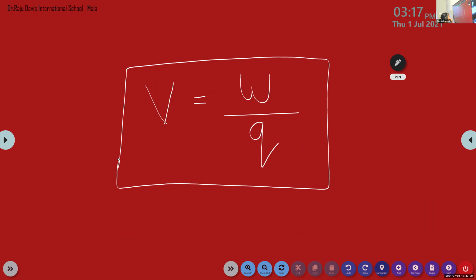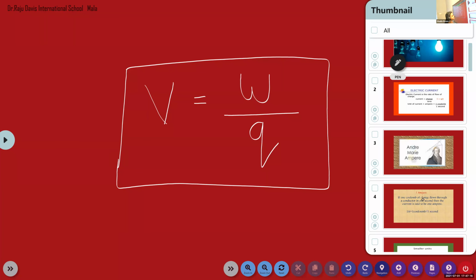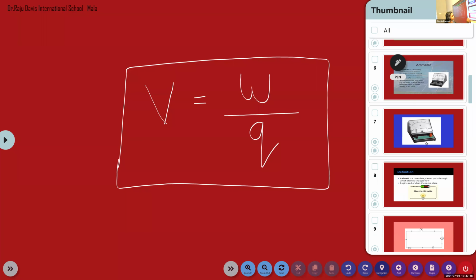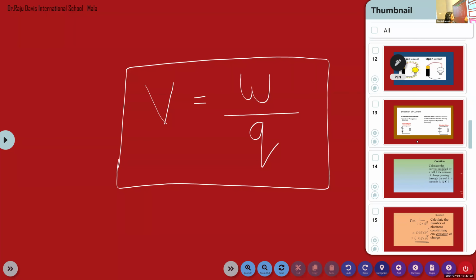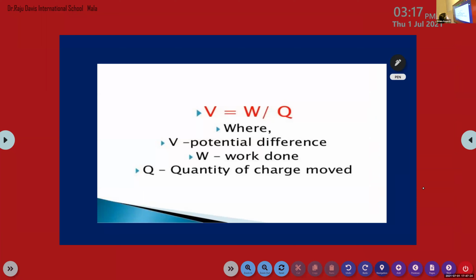This is the mathematical equation for calculating the potential difference. V is equal to W by Q, where V is the potential difference, W is the work done.